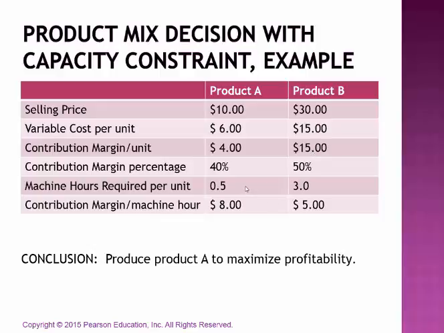And in our particular example here, we've got machine hours. So $4 divided by 0.5 is 8, and 15 divided by 3 is 5. And the result shows us that we would definitely want to choose product A because it contributes $3 more per machine hour than product B does. Okay, so for each hour we're running the machine, we are better off to produce product A.